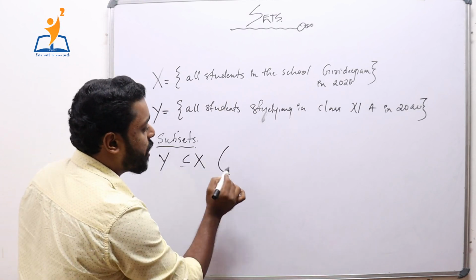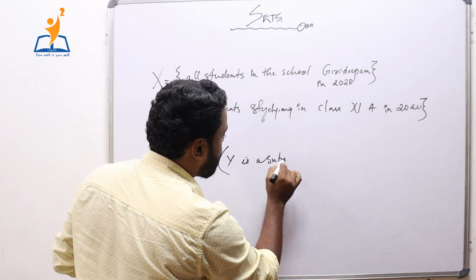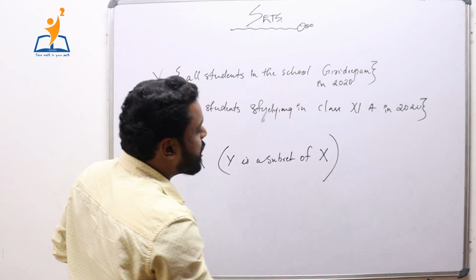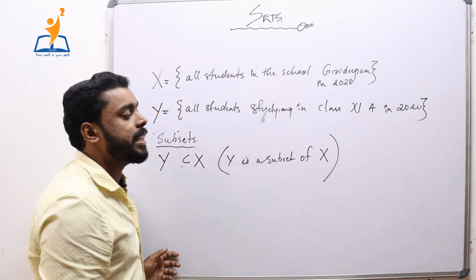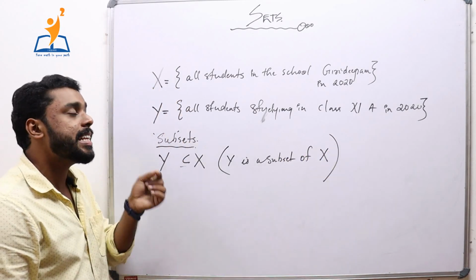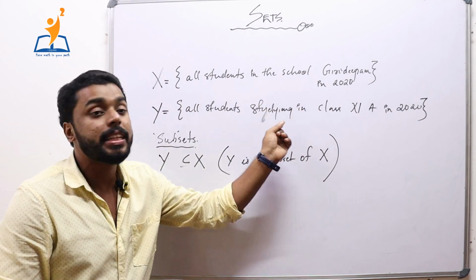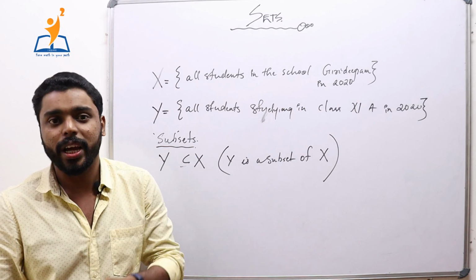So we read it as Y is a subset of X, which means that every element of Y is also in the set X, whereas you can easily observe that all the elements of the set X need not be in the set Y. Then we can say that X is not a subset of Y, isn't it?